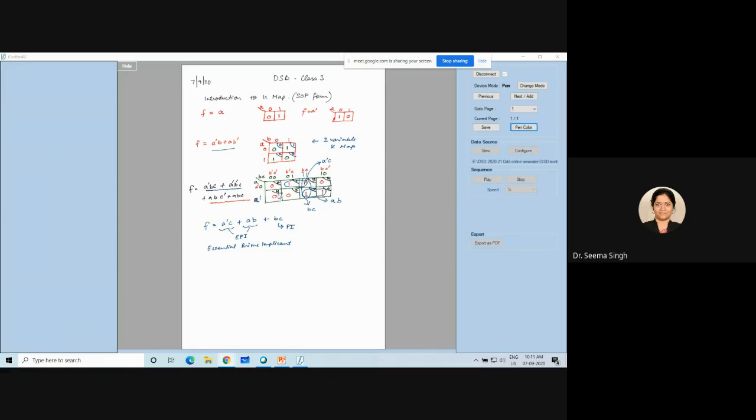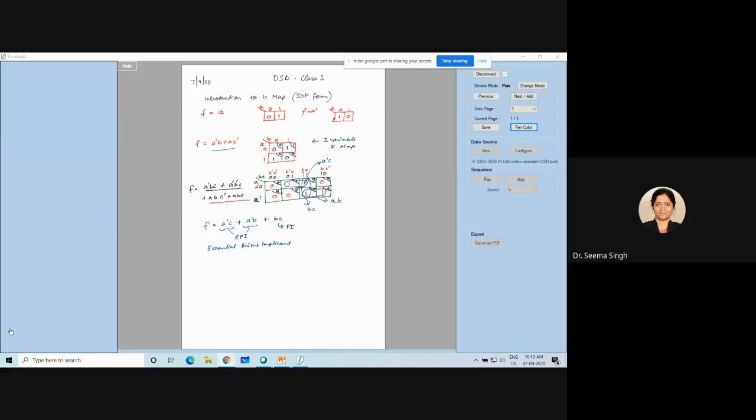Okay. Now, very important thing: I will go to a 4-cell K-map. Do you want any further example for this or shall I go for the 4-cell K-map? Okay, let us do one more example for a 3-cell K-map.